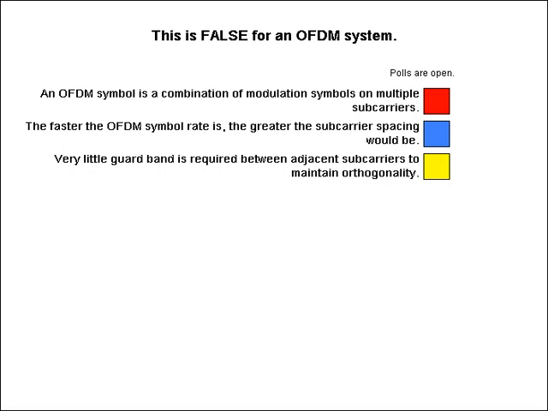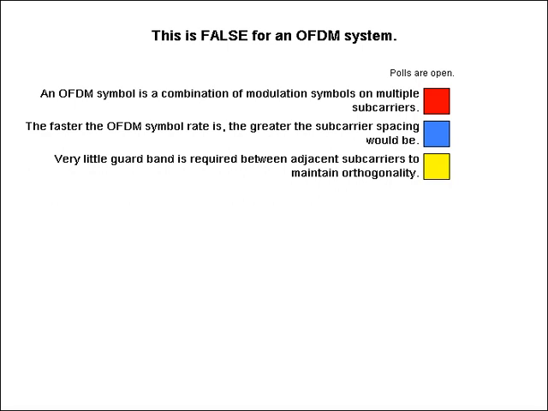What did we define the OFDM symbol to be? For the second one, think what is the relationship between the symbol time and the subcarrier spacing. For option number 2, think what is the relationship between the modulation symbol time and the subcarrier spacing.